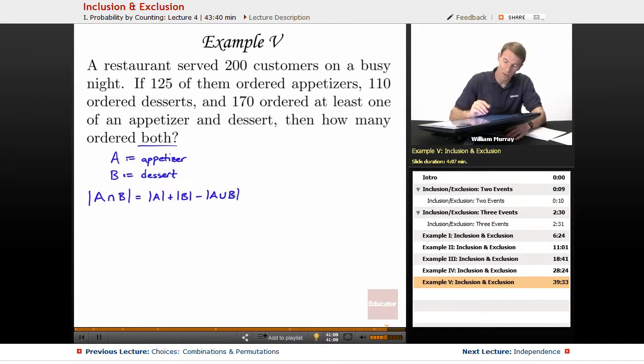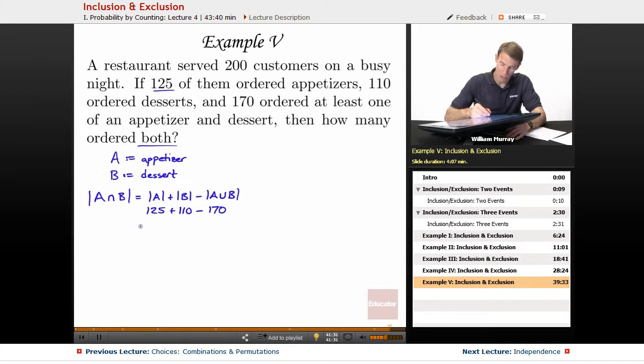A is the number of people who had appetizers, and that's 125. B is the number of people who ordered desserts. There's 110 of them. But 170 people ordered at least one. That's the union right there. At least one means a union. So we're going to subtract off 170 here.